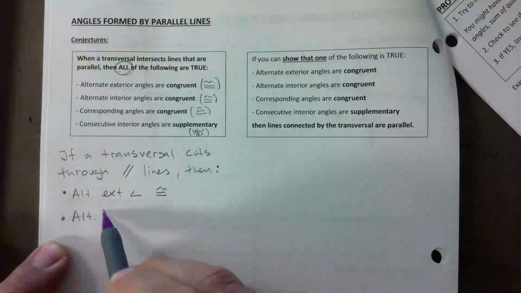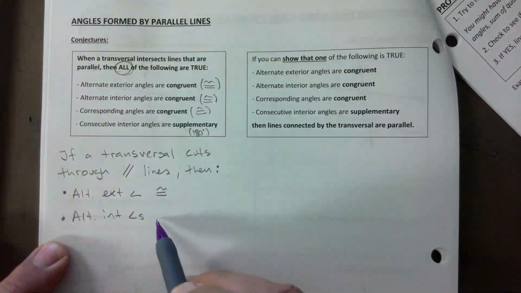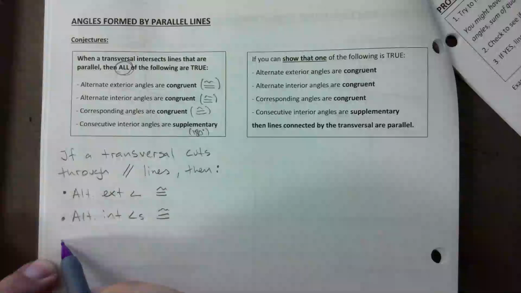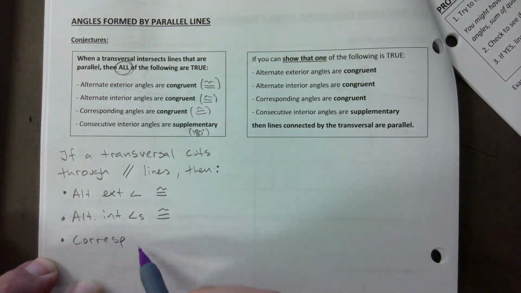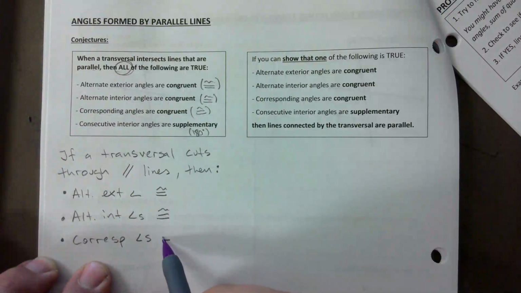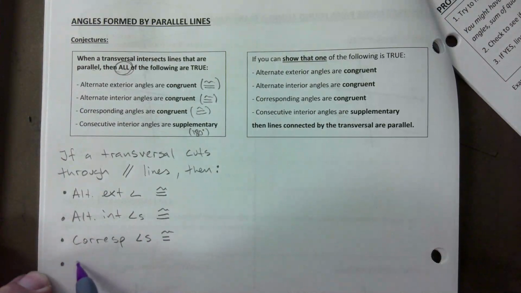Alternate interior angles are congruent. Corresponding angles are congruent. And CIAs are equal to 180. Okay.